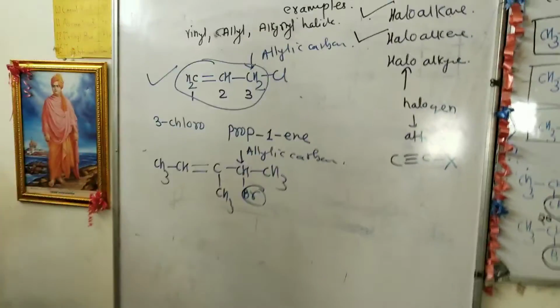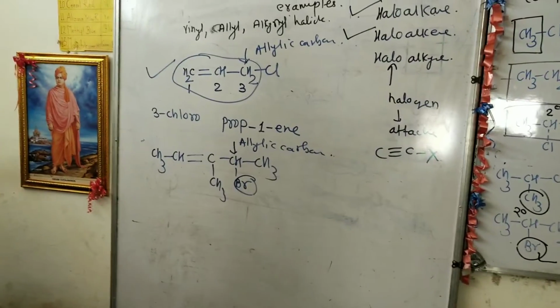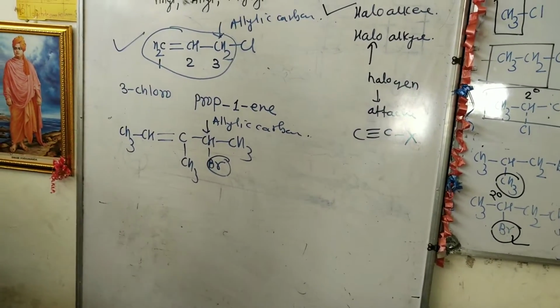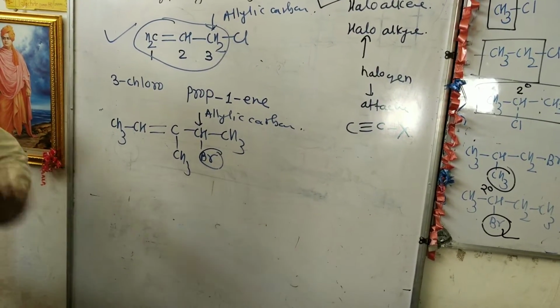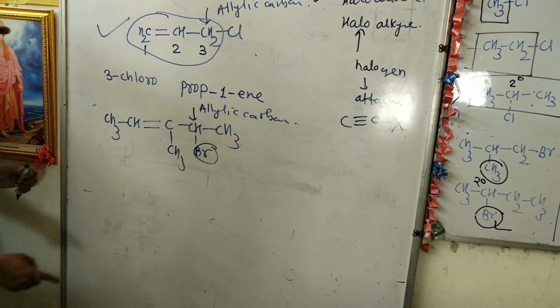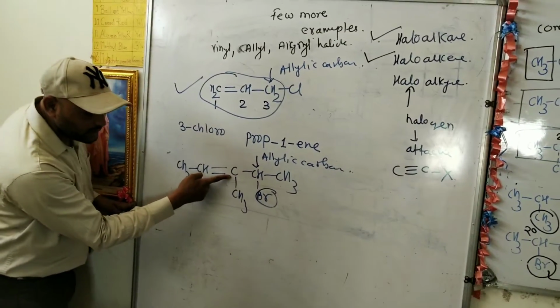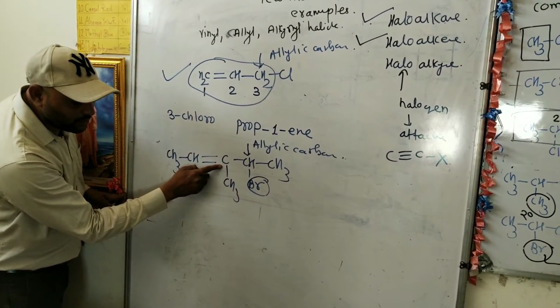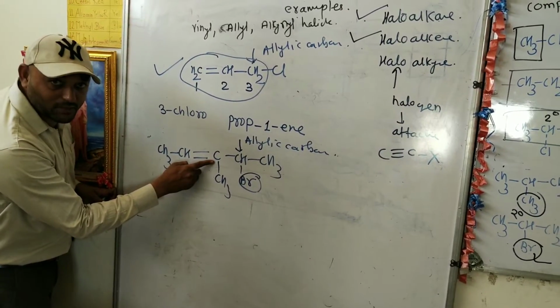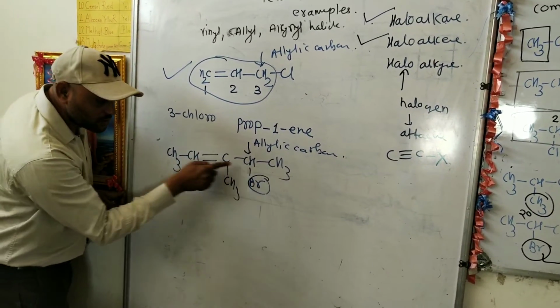So what is the rule? Select the longest chain in such a way that the carbon-carbon double bond is near. If we select from this side, 1, 2, 3, the double bond comes to the third number.